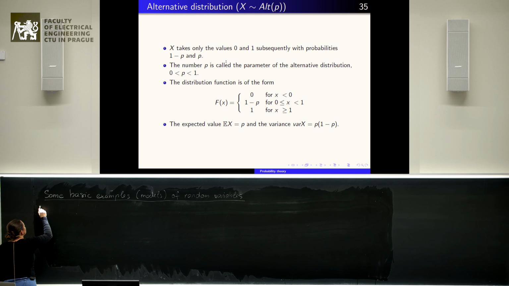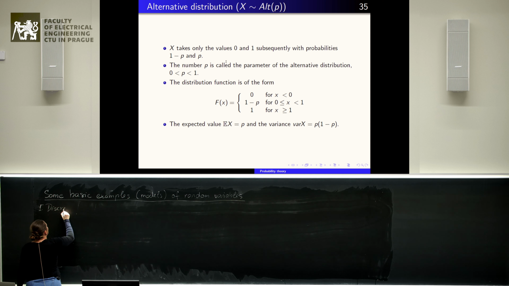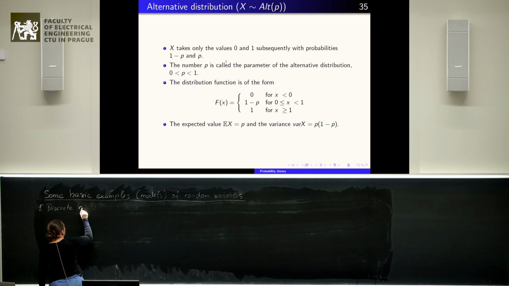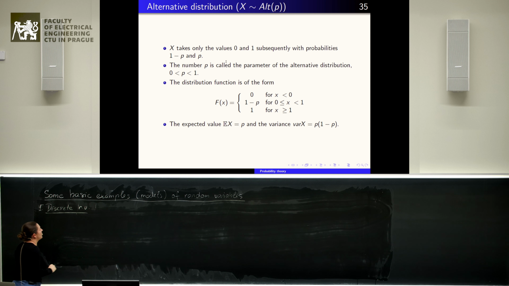So we'll start with discrete random variables. And as usually, I will start with an example.